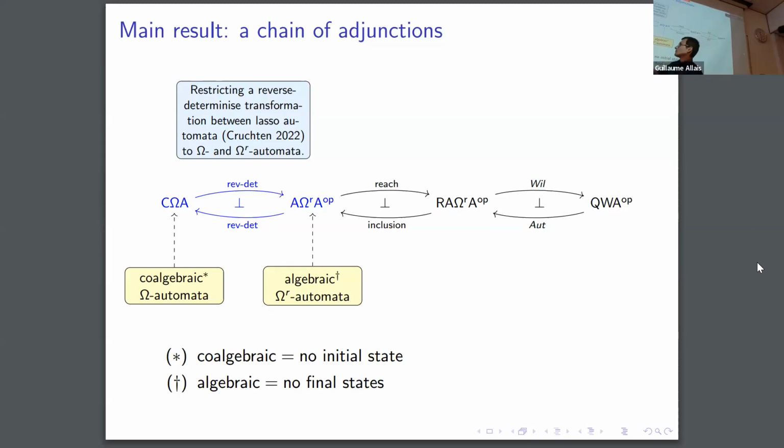In order to properly restrict this adjunction, there was a question mark here: what should be here? The notion that is here is this notion of a reverse omega automaton, which intuitively is exactly something that needs to behave as the reverse of an omega automaton.